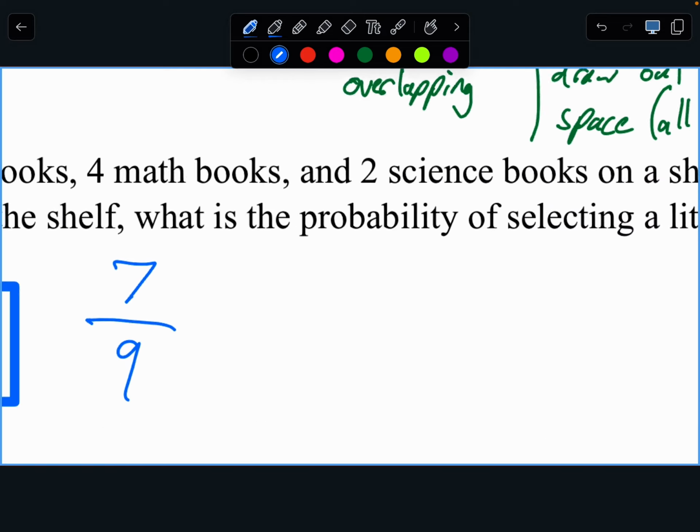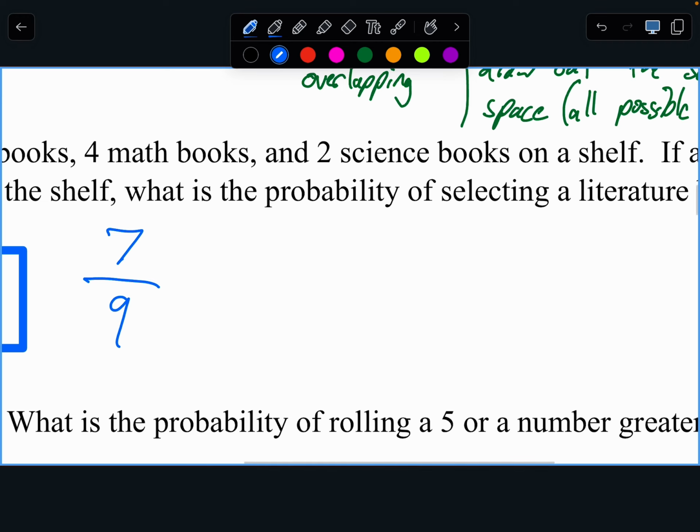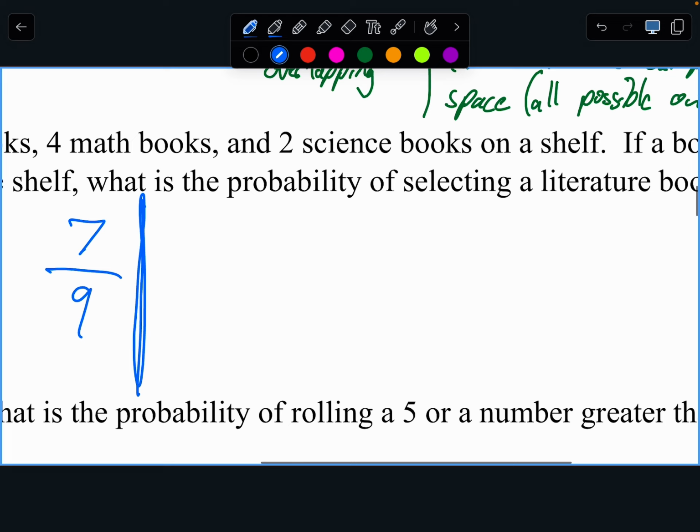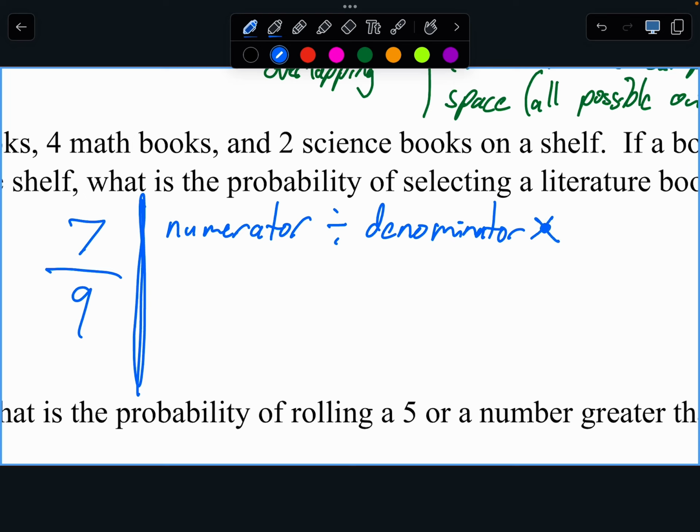I said I wanted to find that probability as a percent. Let's talk about how we actually find percents. The way we find a percent is in a calculator. We're going to do numerator divided by denominator times 100.